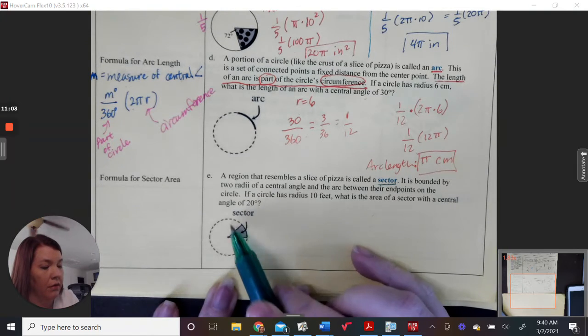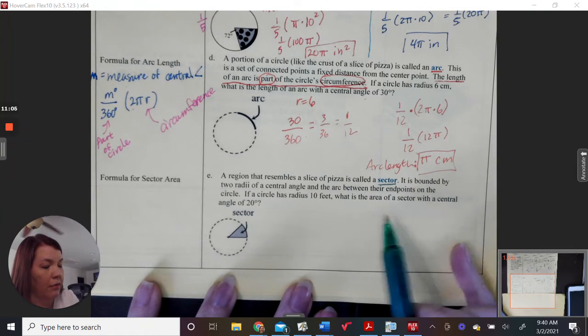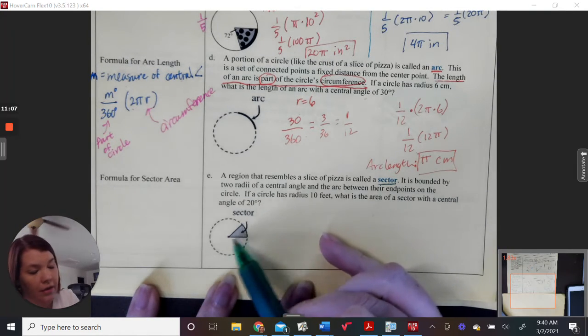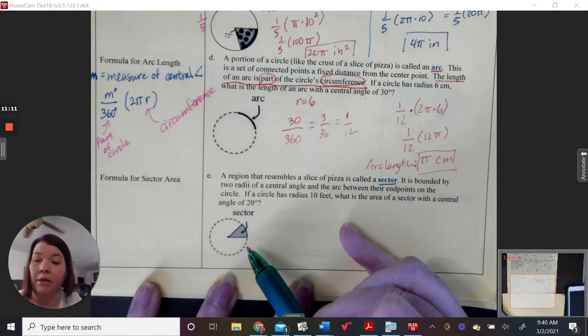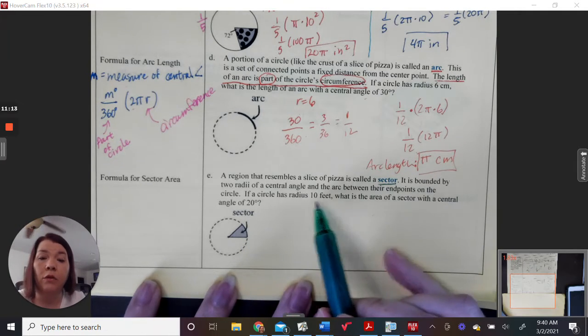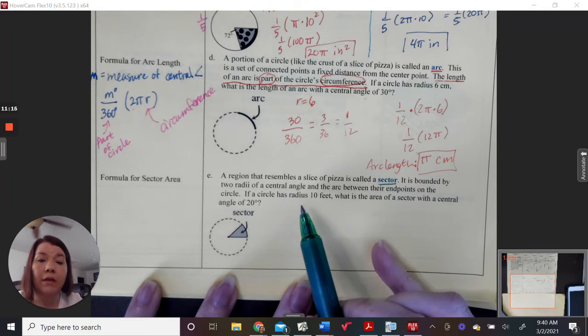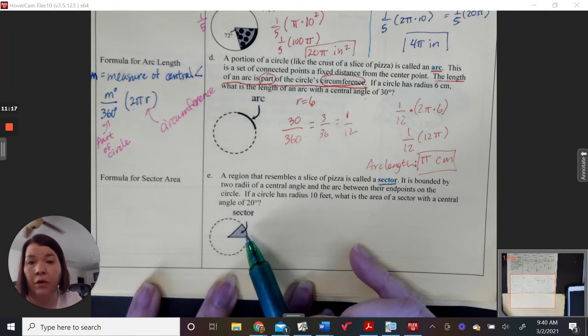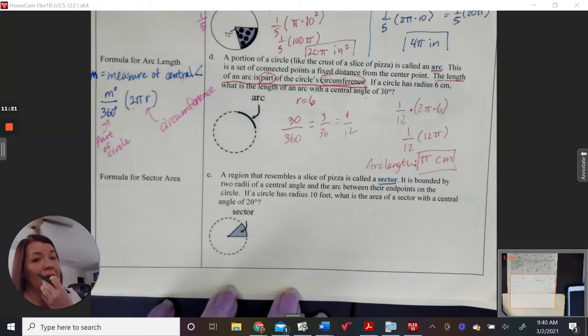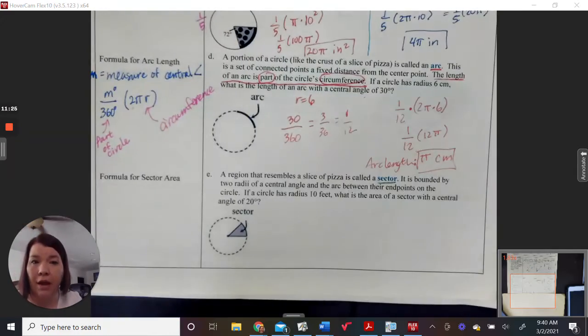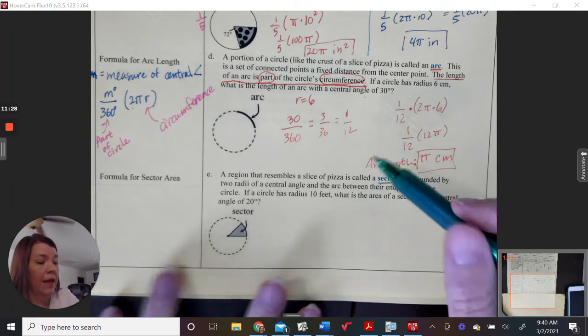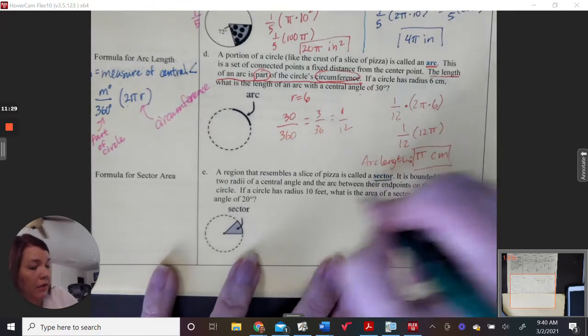If a circle has a radius and its part, this is part of area. So arc length is part of circumference, and sector area is part of area. A portion of the area of the whole.